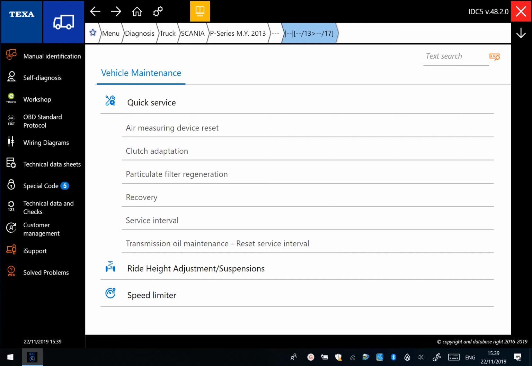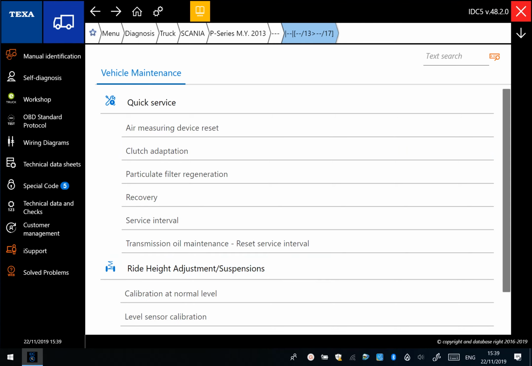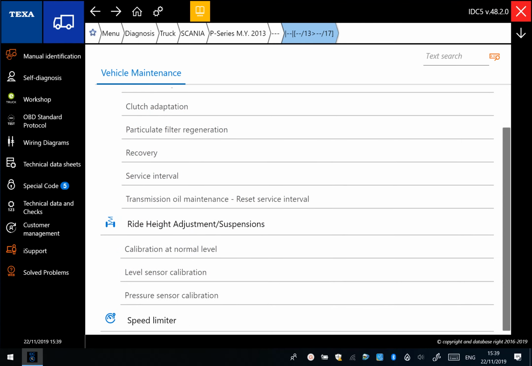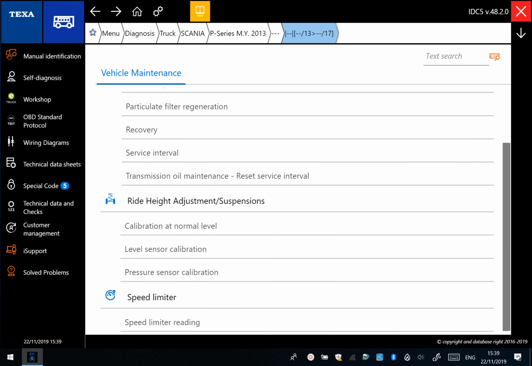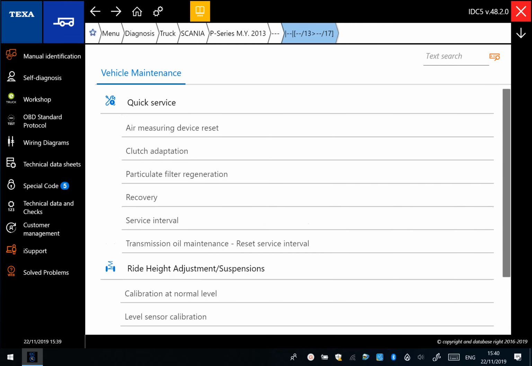So we've got air measuring device reset, clutch adaptation, particulate filter regeneration, service interval resets, just down onto the ride height, suspension. Again, we can calibrate the suspension, the level sensors and the pressure sensors, and there's also a speed limiter reading, we can look at it, can't necessarily adjust it. So those are some of the more basic ones.